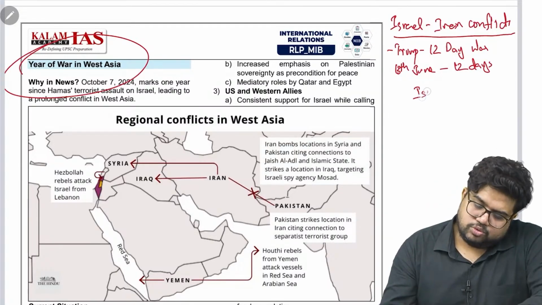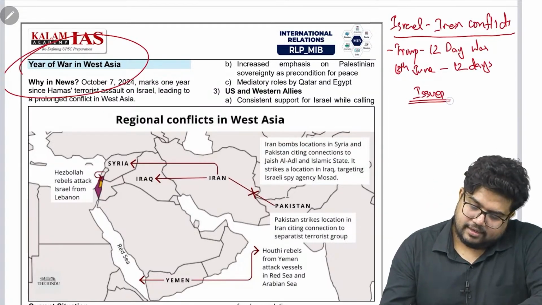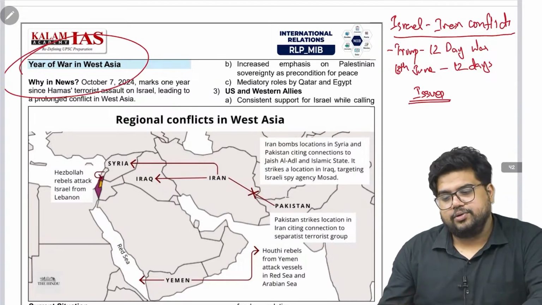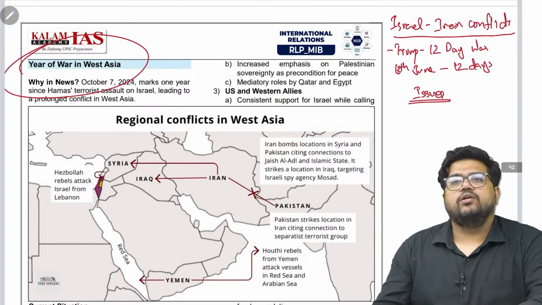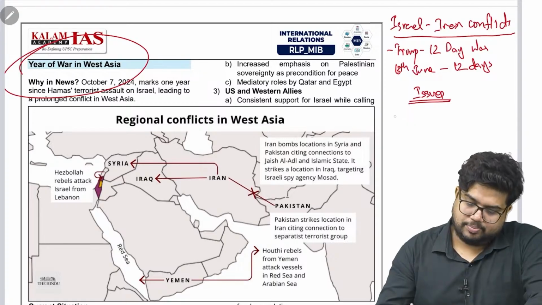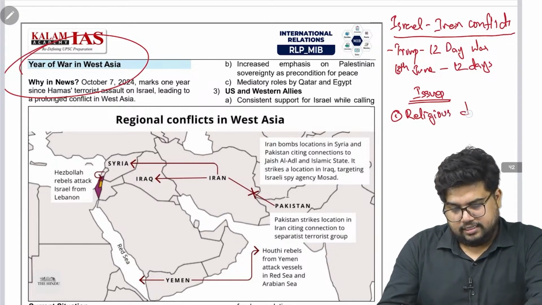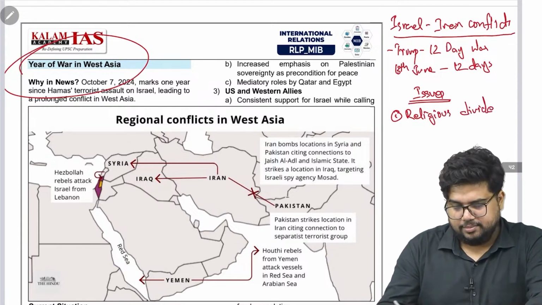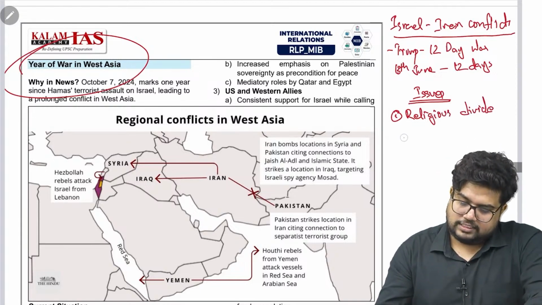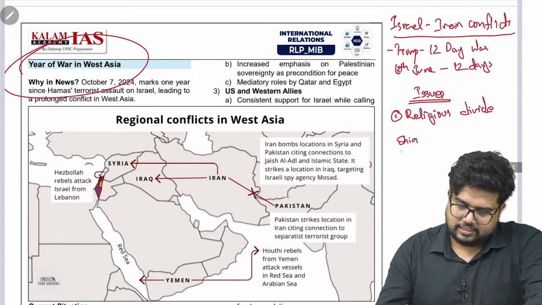What are the issues that led to this war? Again, I have already given you a brief. If you look at the whole politics of West Asia, it is spread across a religious divide. On one side we have the Shia group, which is led by Iran.